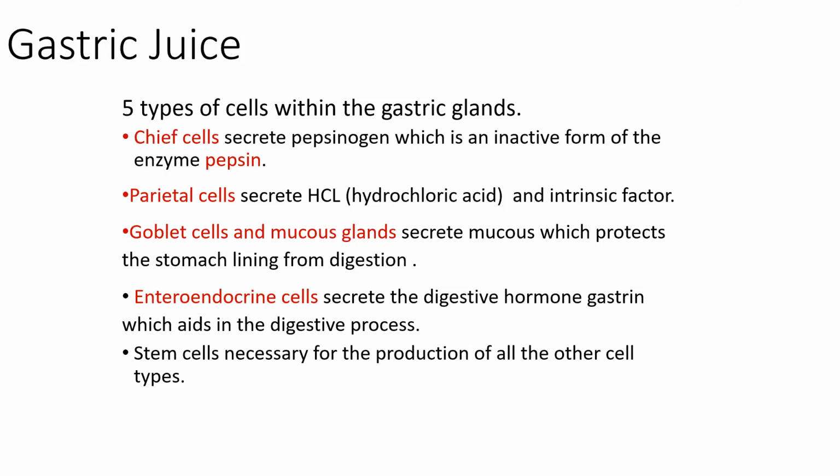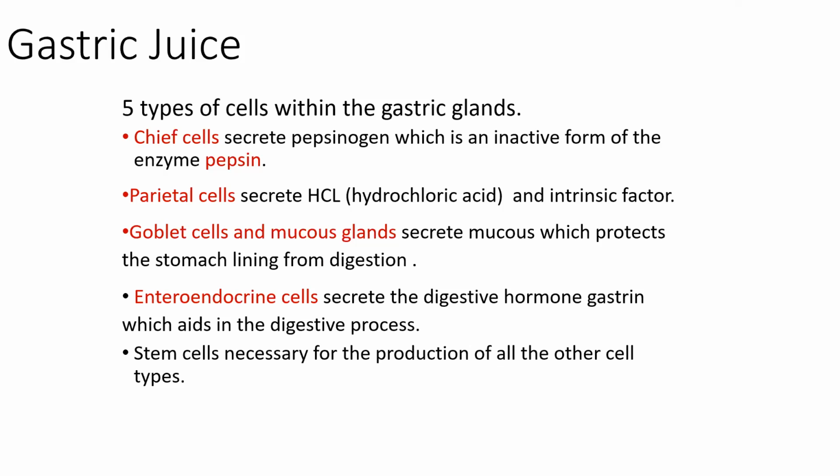The mucus is alkaline. The mucus covers the lining of the stomach. The stomach is made of cells put together with tight junctions. But that's not enough. The tight junctions prevent any leakage from the stomach, but they're sensitive to the stomach acids.